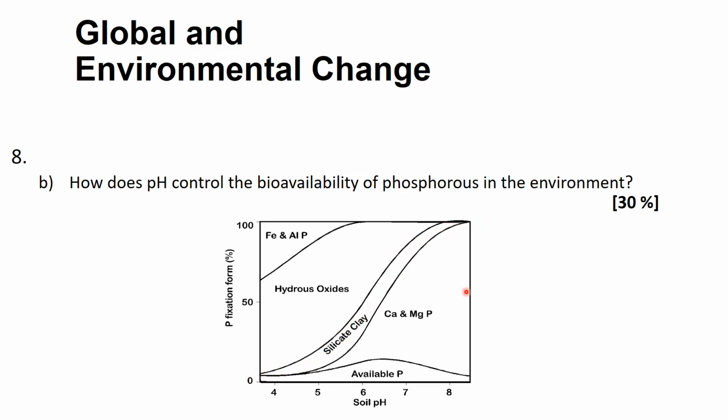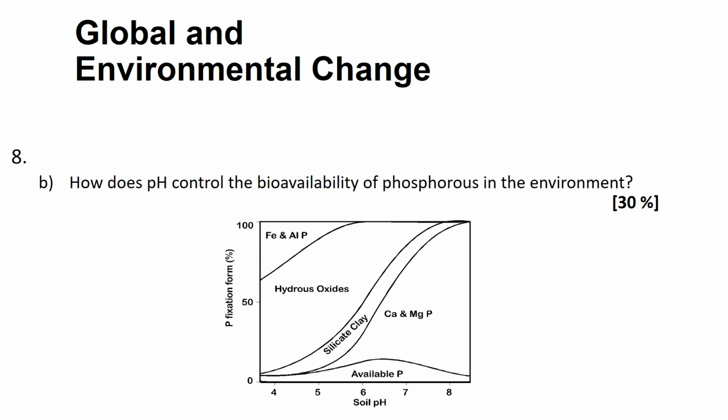But at high pHs, phosphorus tends not to be bound in these iron aluminium phases and is bound more strongly on calcium and magnesium phases. The overall effect is that available phosphorus, as soluble phosphate that organisms could take up, is low at low and at high pH, but is more available at moderate pH.